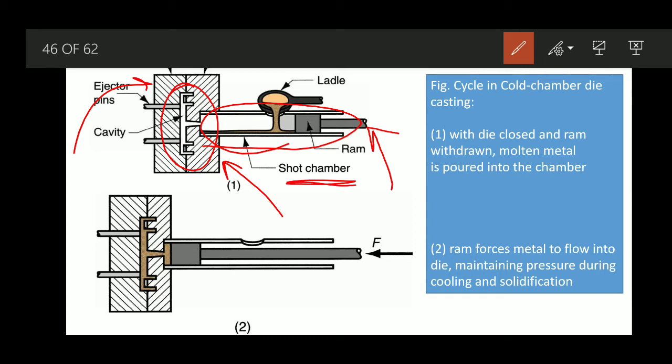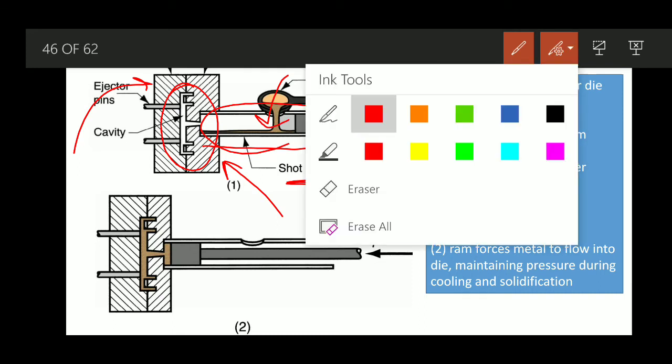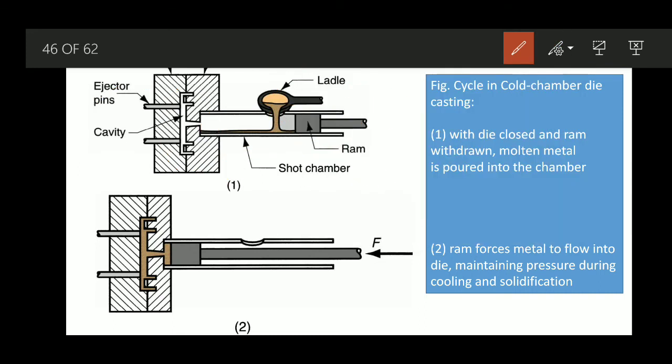Externally we heat the metal. Suppose we already have the metal in molten form. With the help of this ladle we pour the molten metal inside this cylinder, the shot chamber. Now the shot chamber is filled with the molten metal we want to cast.